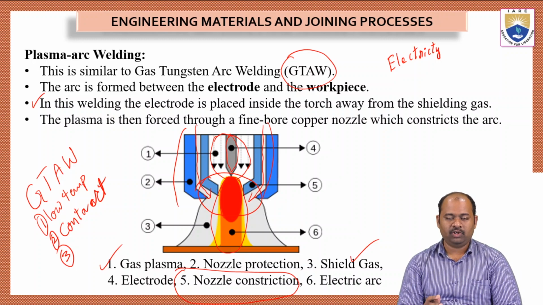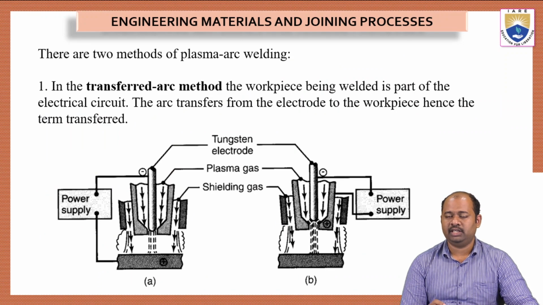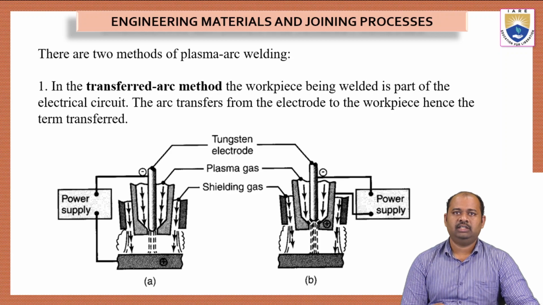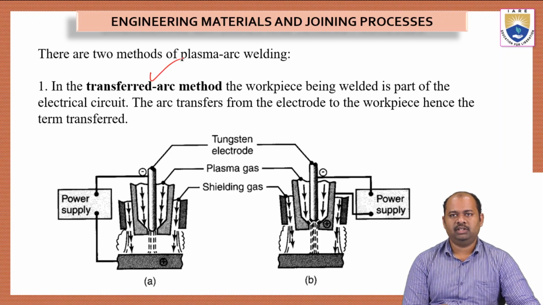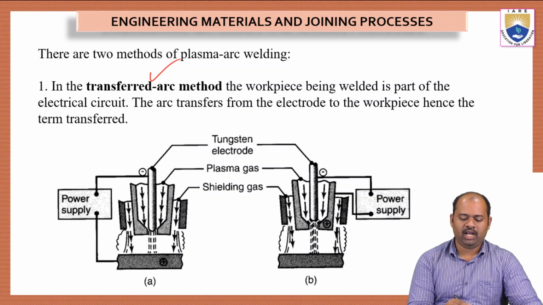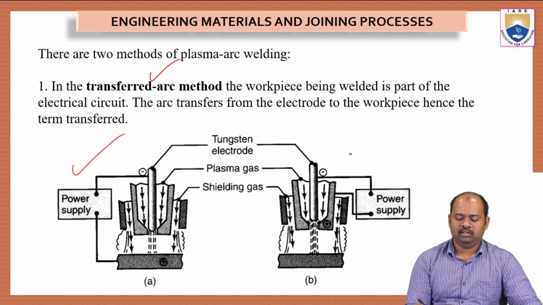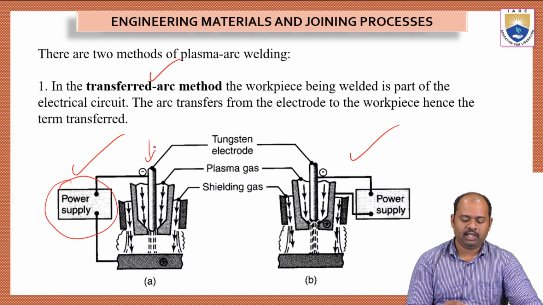Now let us see what are the classifications of plasma arc welding. In plasma arc welding there are two types. First one is transferred arc method. In transferred arc method, the workpiece will be a part of the circuit. See here, we have these two pictures. The first picture is the transferred arc method, where we can see clearly the power supply is connected between the electrode in the torch and the workpiece.